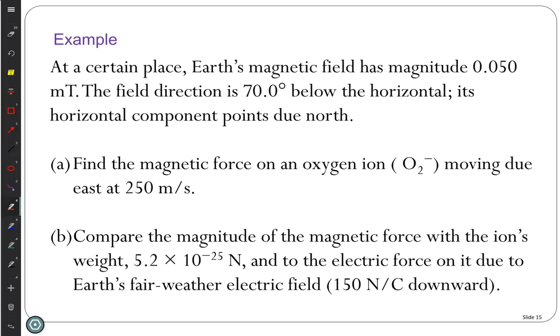Now a problem with actually doing some work. At a certain place, the Earth's magnetic field has a magnitude of 0.050 milliteslas, which would be 0.5 Gauss. That's why we have the Gauss. The field direction is 70 degrees below horizontal. Its horizontal component points due north.